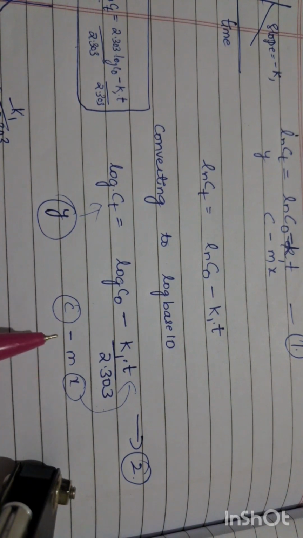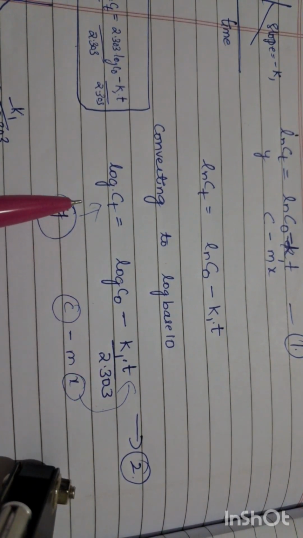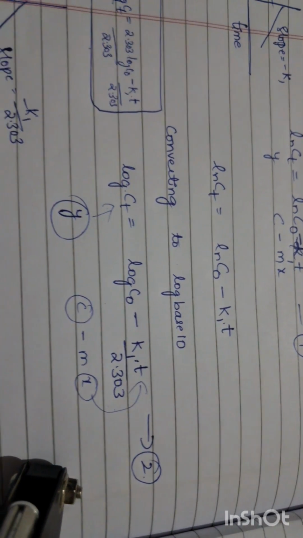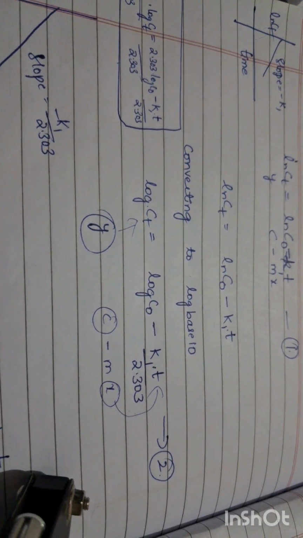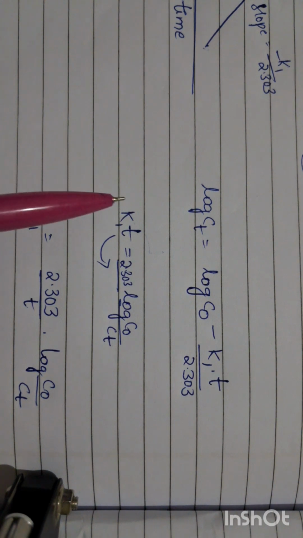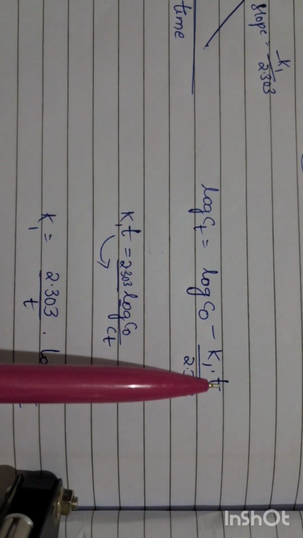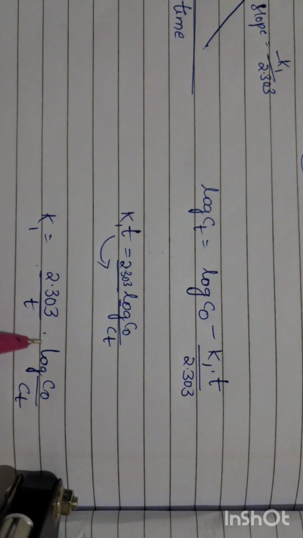From this also we can plot a graph. On the x-axis we take T, and on the y-axis we take log Ct. The slope we will get is minus K1 by 2.303. Now from the equation log Ct is equal to log C0 minus K1 into T by 2.303, when we rearrange, we get K1 is equal to 2.303 by T into log C0 by Ct.